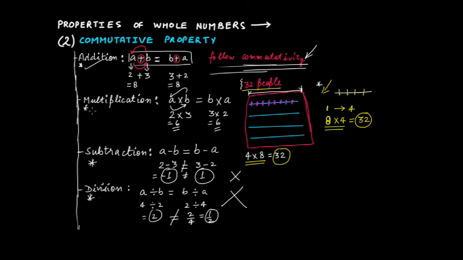Only addition and multiplication of whole numbers follow this commutative property. And here we can relate a real life example. We just saw how this commutative property of whole numbers is important for us. And in the next video we'll learn about the associative property of whole numbers.